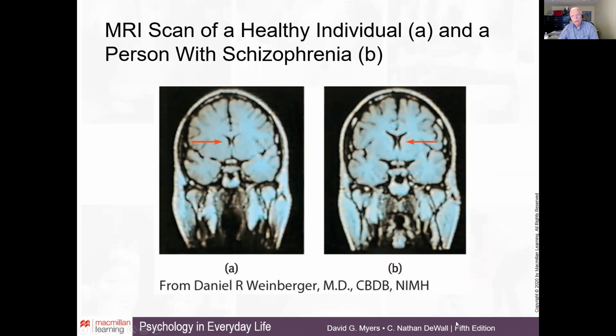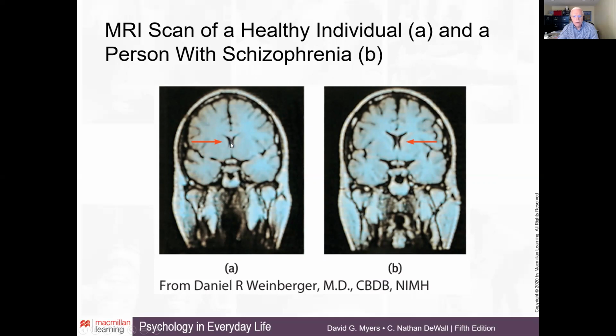Here we see a comparison of the brain of a healthy individual on this side and someone with schizophrenia, facing the picture, on your right. And you can see one difference in these two scans is this area here is smaller than this area here.